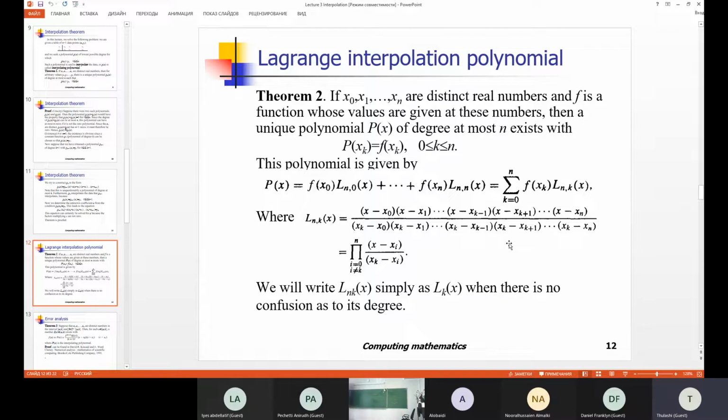x0, x1, x2, and 3 values: f of x0, f of x1, and f of x2. For shortness, sometimes I will denote it as just f0, f1, and f2.